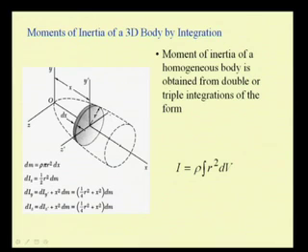to any given axis. So, here we can write this I as rho the density times integral r square dV. We have taken out rho because we are assuming the body to be homogeneous, that means the density does not vary in the object.